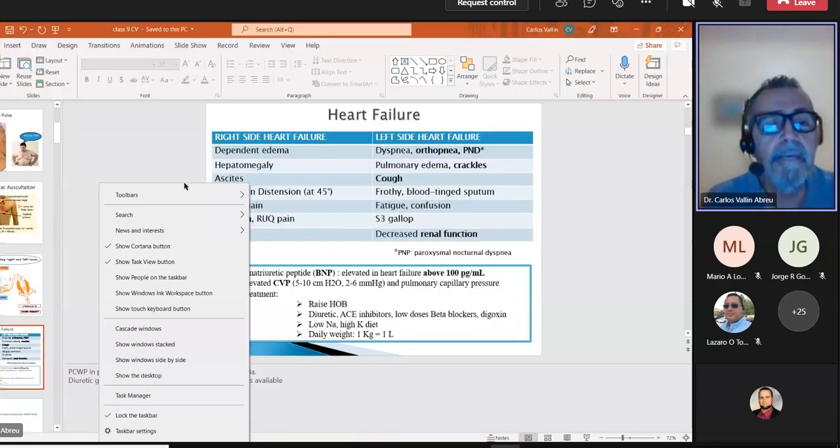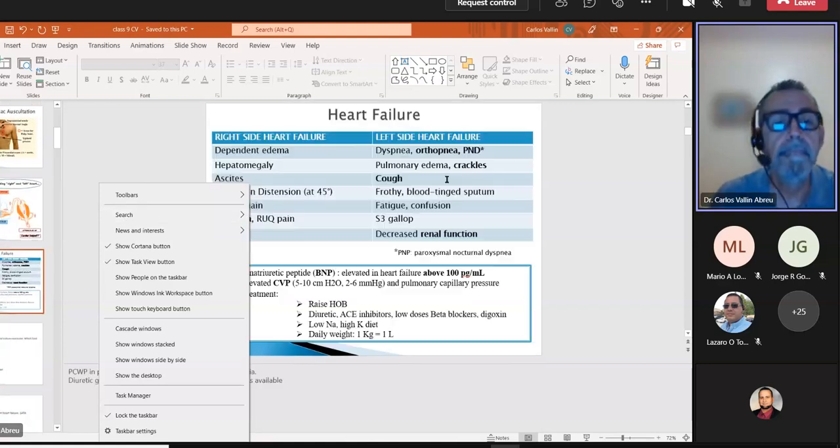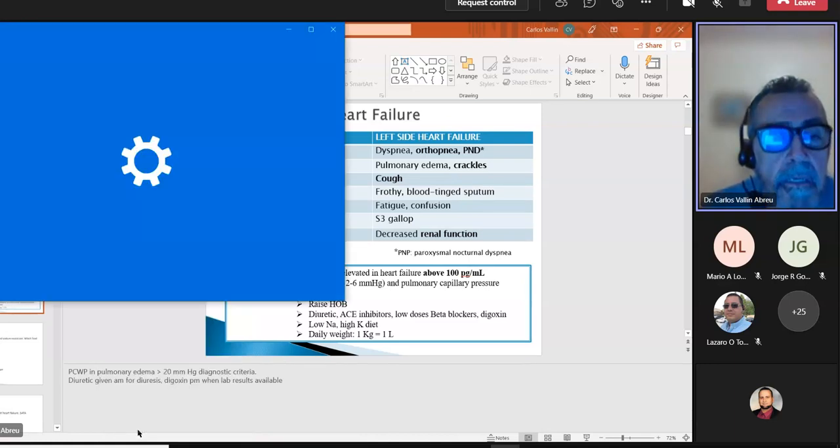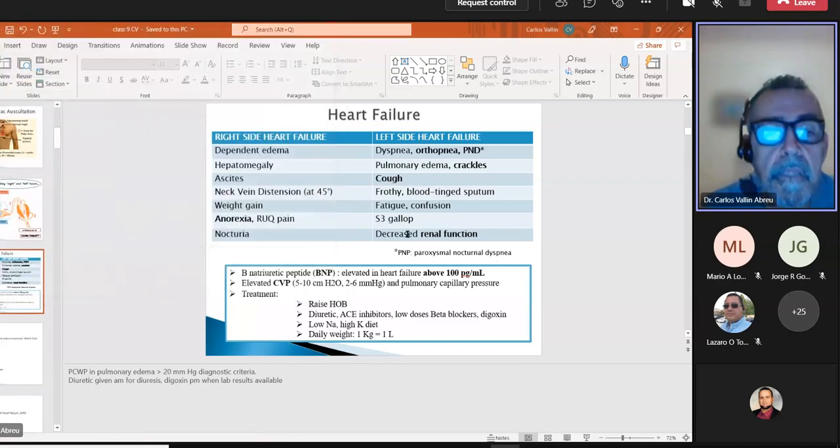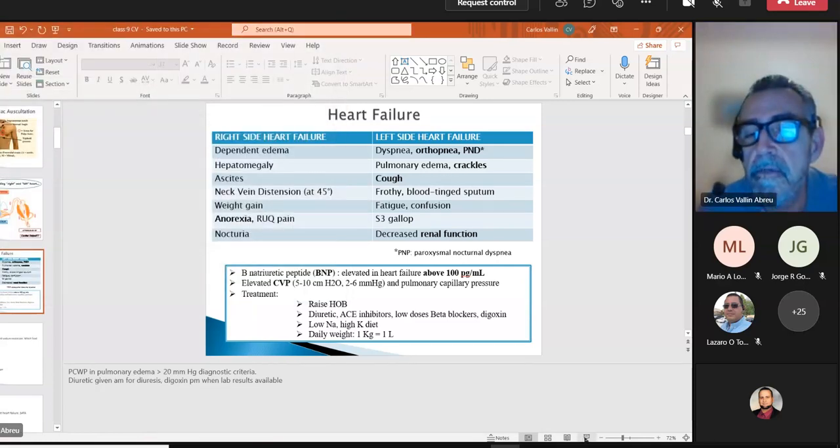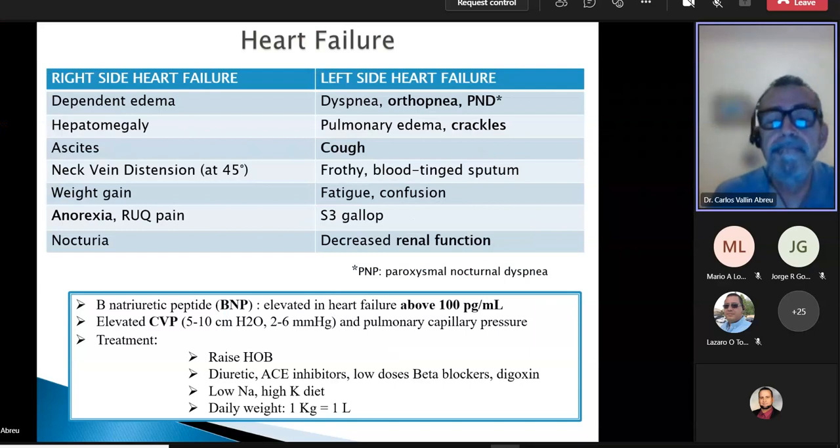Escape. Okay, how do I close this? No idea. Okay, I could close this. Sorry for that.